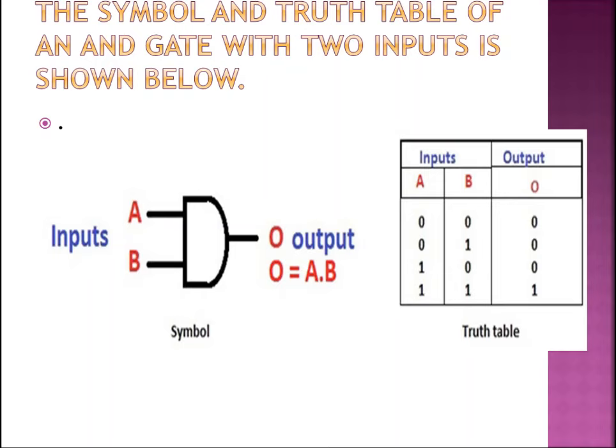When one input is zero and the other is one, the output is again zero. Again, if one input has some source and the other doesn't, the output would be zero. But if both of the inputs have some source, then the output would be 1.